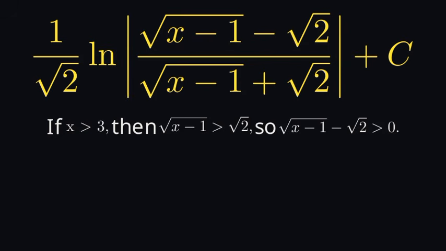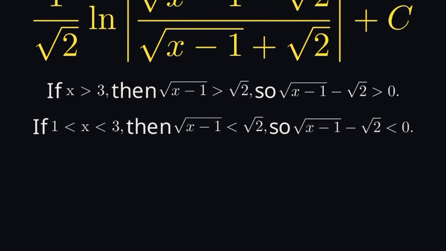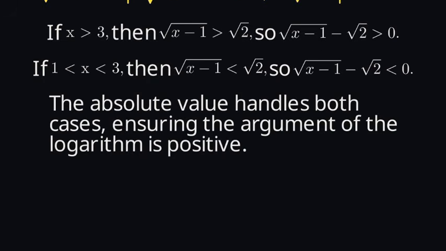Specifically, if x is greater than 3, then the term square root of x minus 1 is greater than the square root of 2, making the numerator positive. Conversely, if x is between 1 and 3, the term square root of x minus 1 is less than the square root of 2, making the numerator negative. The absolute value ensures that the argument of the natural logarithm is always positive, which is required for the logarithm to be defined.